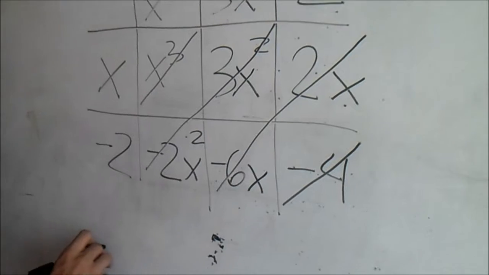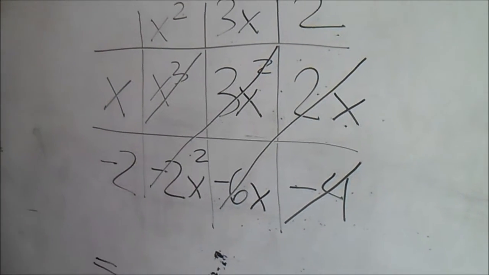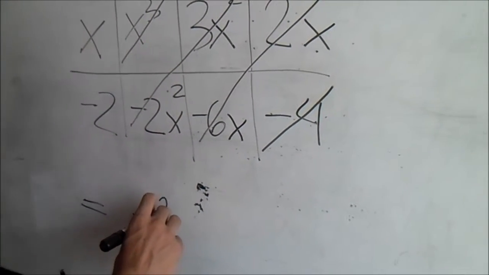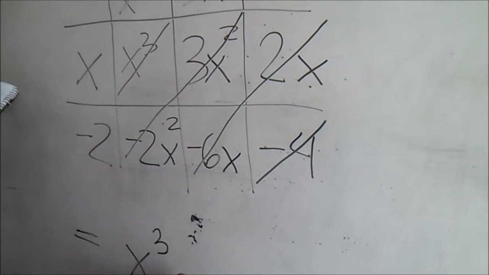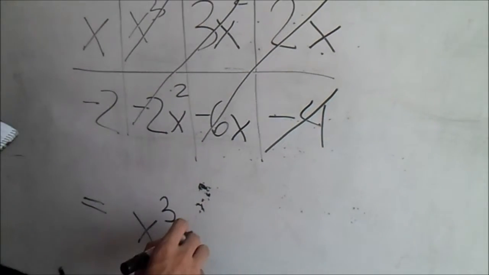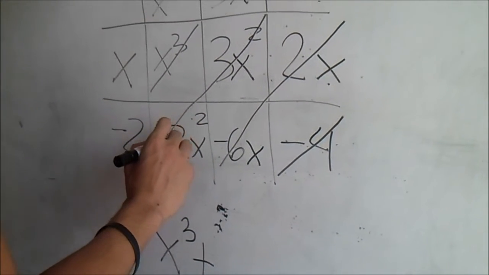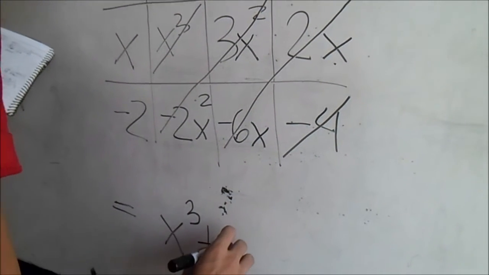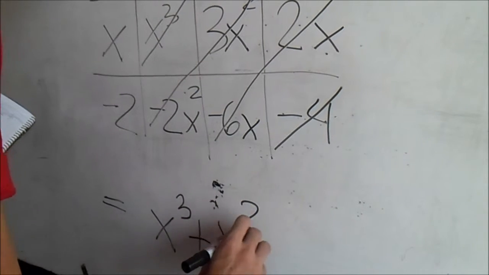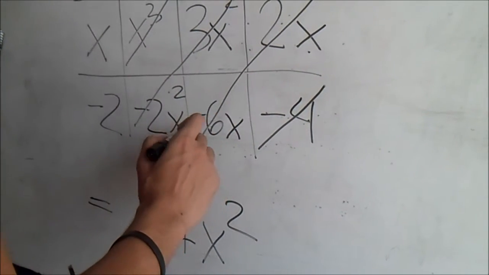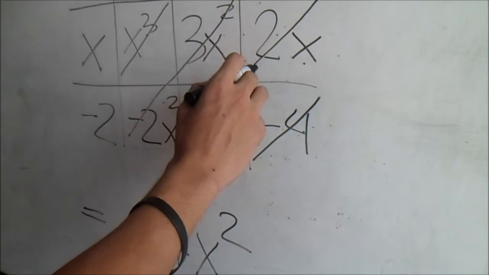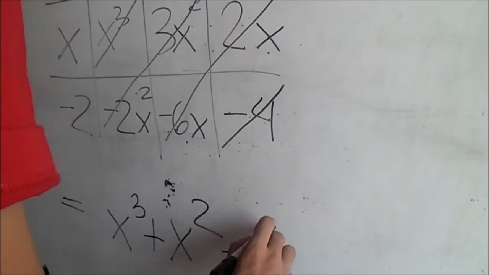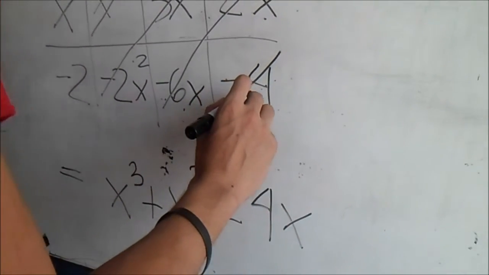Then our final answer is, we're going to bring down x cubed, then plus 3x squared minus 2x squared equals x squared. And negative 6x plus 2x equals negative 4x. Then we're going to bring down the negative 4.